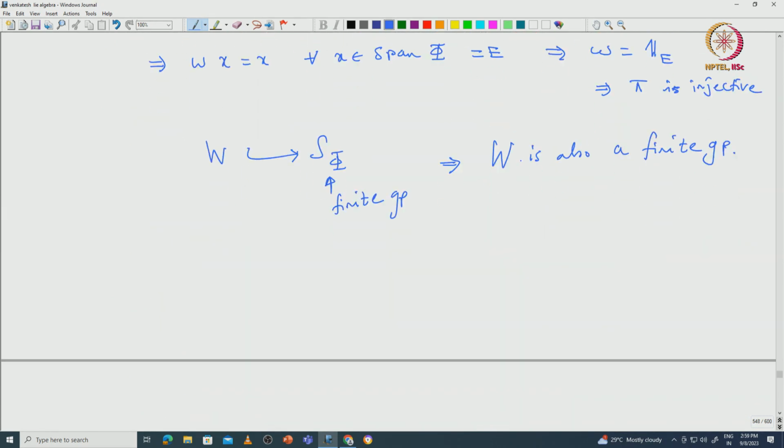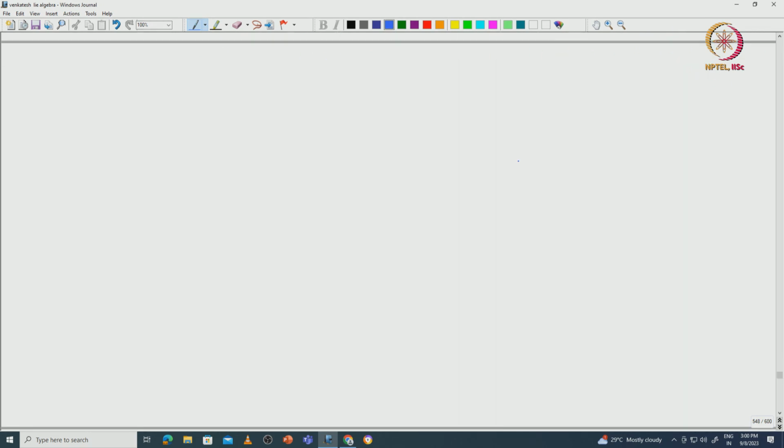So, now let us more closely understand this group. For that purpose we need to recall some interesting facts about elements of GL of E that act on this E and leave phi invariant. So, let us make this important general remark, which I will call a lemma, and then using that we will understand the action of W more on phi. So, lemma 1 says: you start with phi being a finite set which spans E. For example, you can take it to be a root system, not a problem.